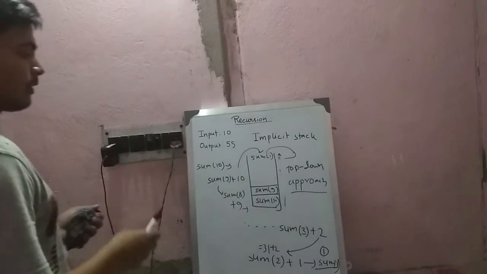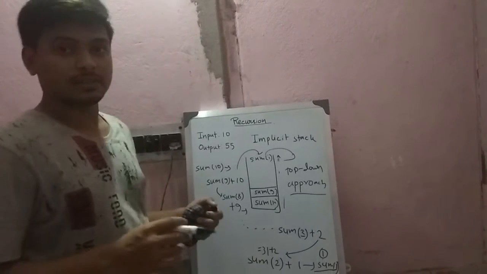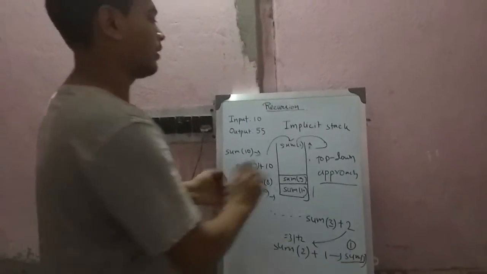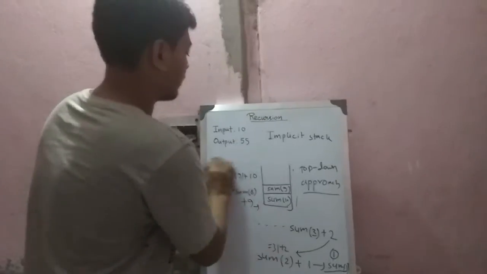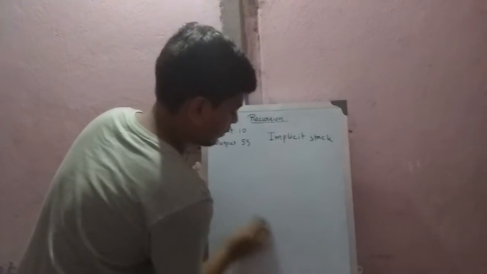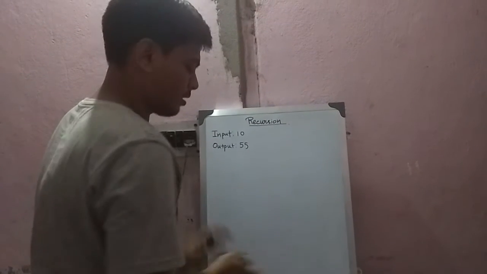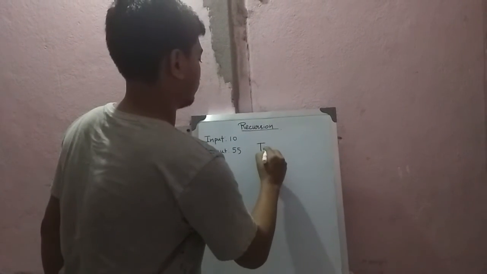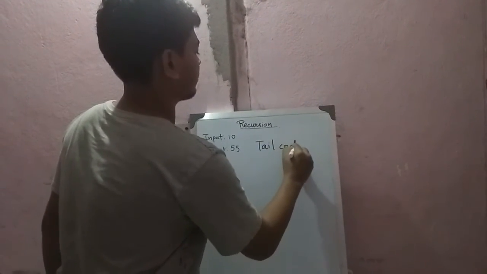So this is why iteration is better than recursion. How can you optimize recursion? I have told you there is a concept called tail call optimization.